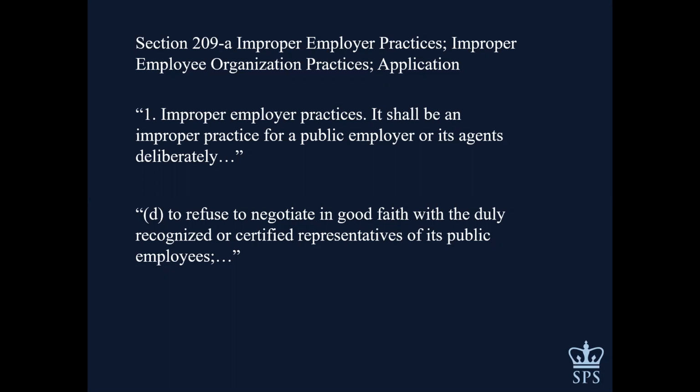But the thing about 209A is letter D, which I find most important. It is an improper practice for a public employer or its agents to deliberately refuse to negotiate in good faith. The statute itself compels good faith. It requires good faith. And we'll see in a bit how that plays out.